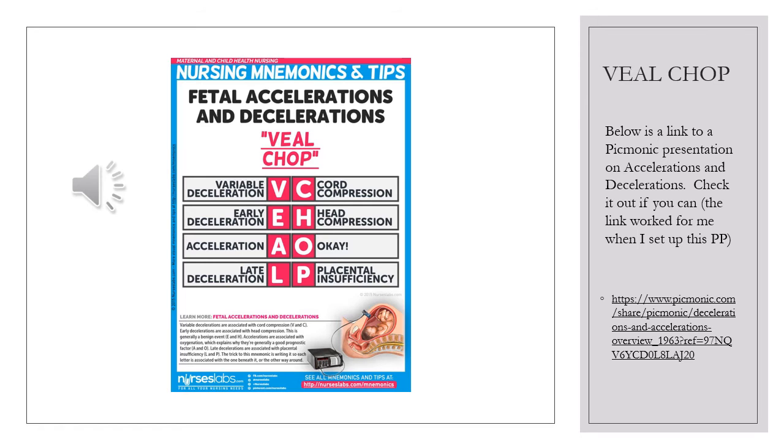An early deceleration is due to head compression. Those accelerations, those increases above baseline, they mean everything's A-OK. We like to see those. Late decelerations are not a good sign. They signal placental insufficiency, which means that the fetus might not have enough oxygen reserves to labor through a vaginal delivery.